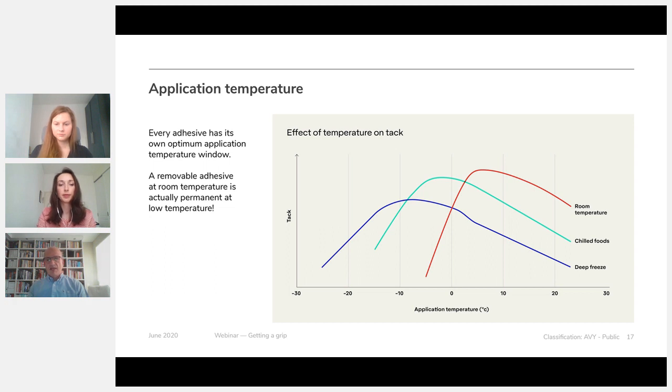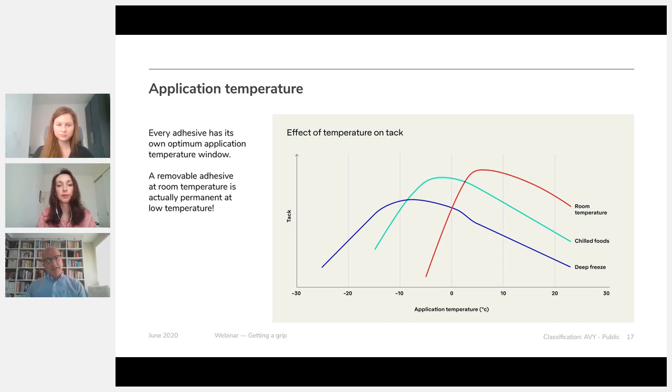So if we then look at the deep freeze adhesive, you can see that at ambient conditions, it actually has the lowest tack. But if you then go towards lower temperatures, let's say -10, this adhesive actually has its highest tack. And again, if we drop the temperature lower than its minimum application temperature, you can see a rapid decrease of performance.